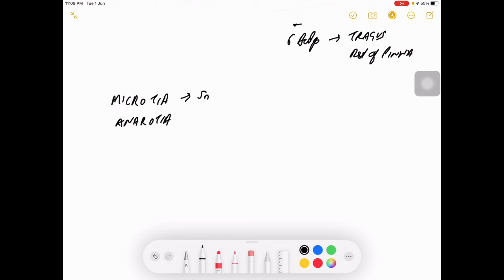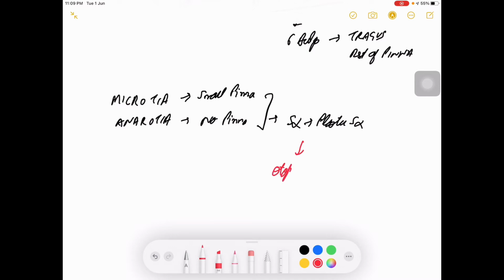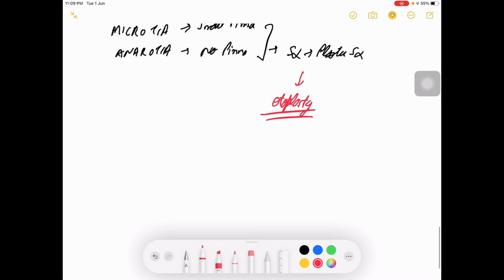Microtia means small pinna, anotia means no pinna. In this case, we do a plastic surgery which is named otoplasty. Remember that otoplasty is construction of the external ear, the external pinna, not the ear ossicles.